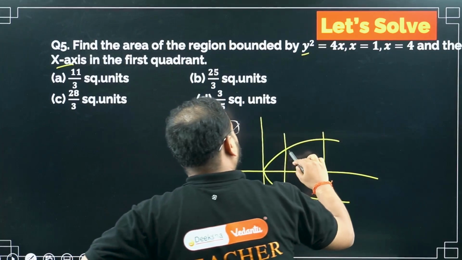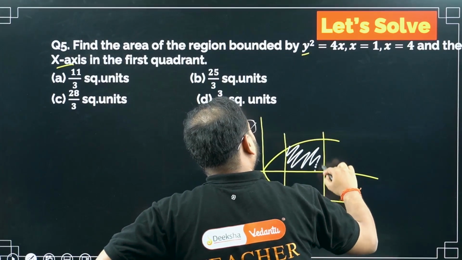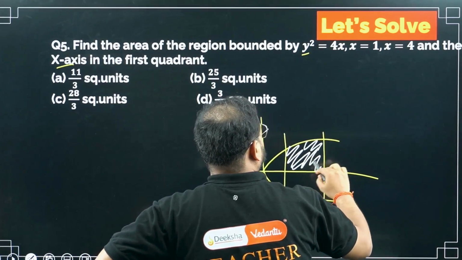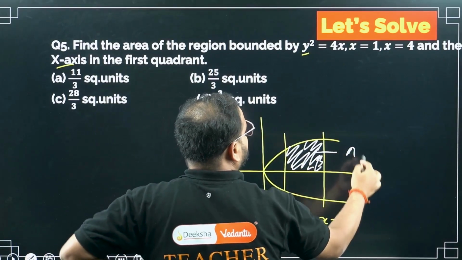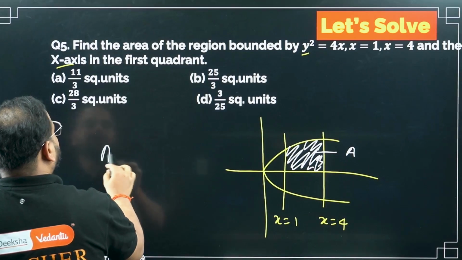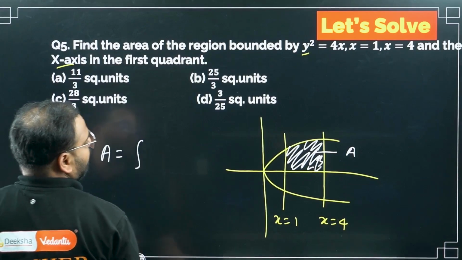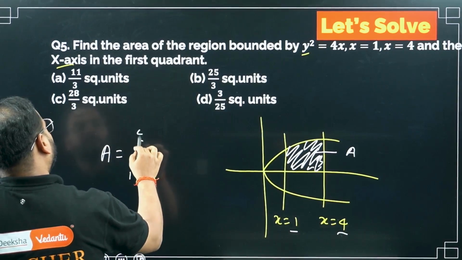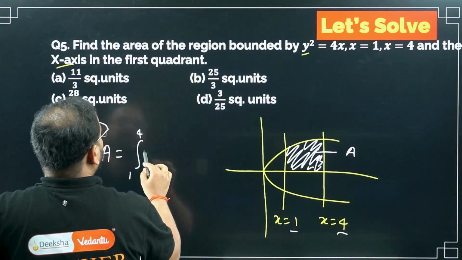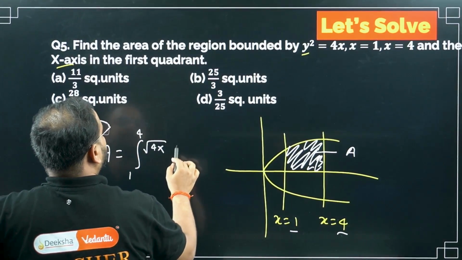I don't have to take the negative side. They have given the x-axis only. This is my required area A. To find A, integrate from where to where? 1 to 4, the limits are given. What is the function? Simply root 4x dx.